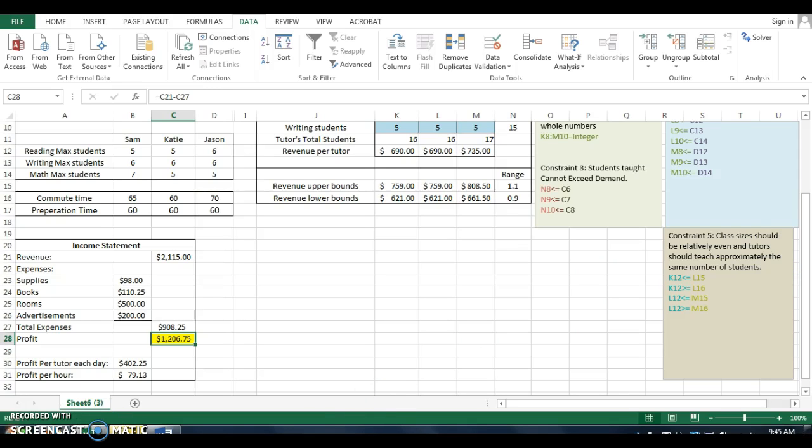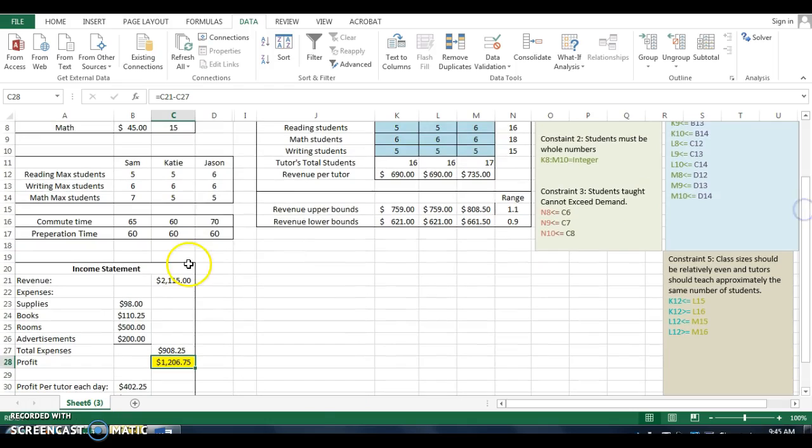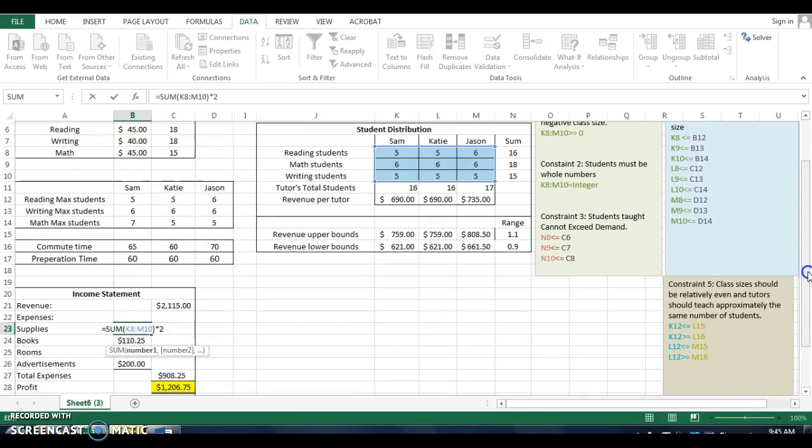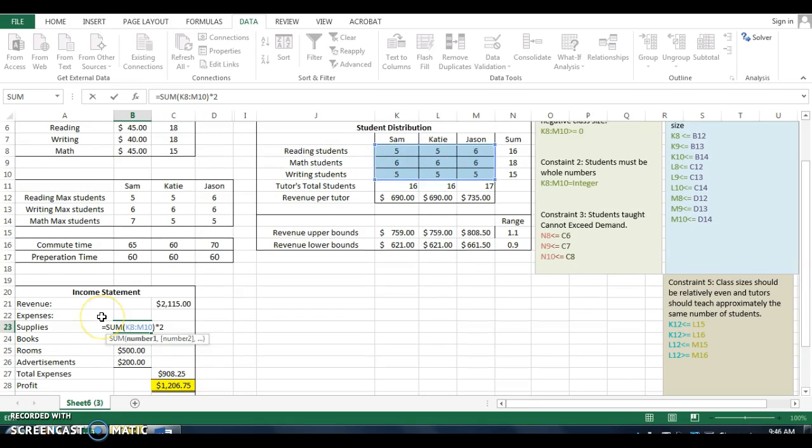So I basically decided that some of the expenses they would have, like supplies, would be variable expenses, right? For the variable expenses, I summed the number of students in each class and multiplied it by how much I thought it would cost. I think each student sitting in the class is going to cost them $2 in supplies. So that came out to $98 per week, right?